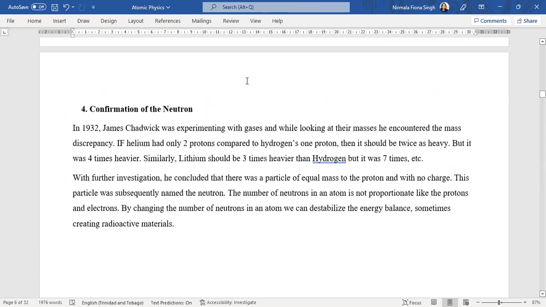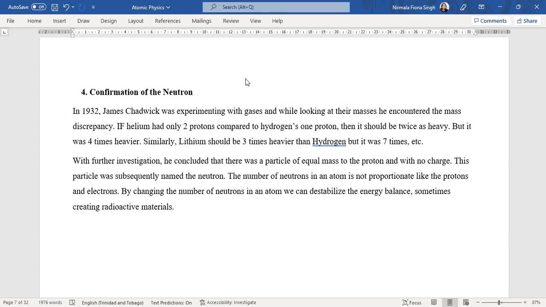So we're going to come down here now to the confirmation of the neutron, as then they knew something was in the nucleus, but they could not confirm what was there. And in 1932, James Chadwick discovered the neutron, as he confirmed what was this extra little particle in the nucleus.